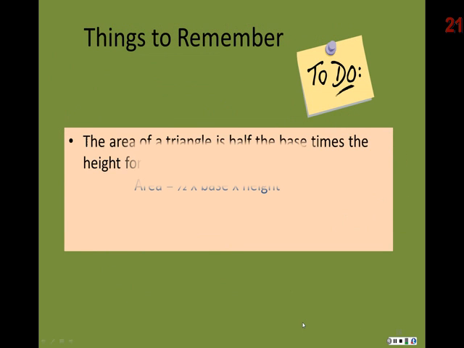So remember, when we have a triangle, we have to take the base times the height divided by 2. That gives us the area, which is the inside measure of that triangle. And remember, all triangles are half of some rectangle, and we did that proof. Doesn't matter what kind of triangle. It could be a right triangle, a scalene triangle, or an equilateral triangle.